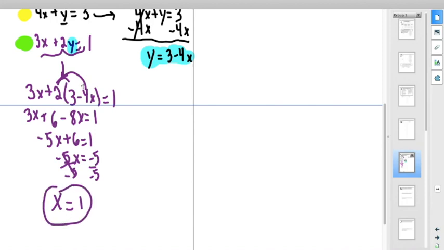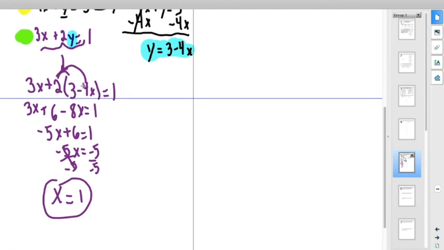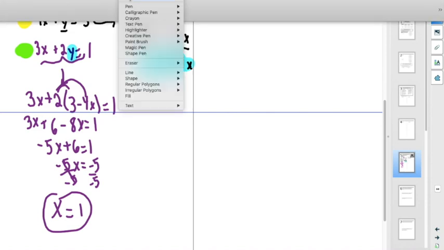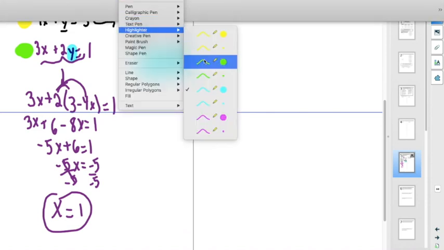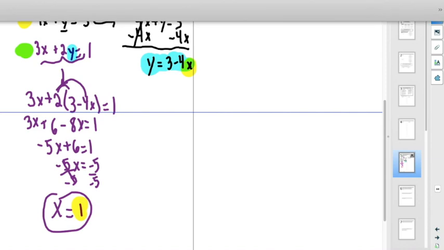Okay? And that's awesome. So now, how do I find y? Well, look, I already rearranged y here. I have y equals 3 minus 4x. I know what x is now, and so this makes life easy. I know that x is positive 1. So if I substitute in for x here, I can easily find what y is.